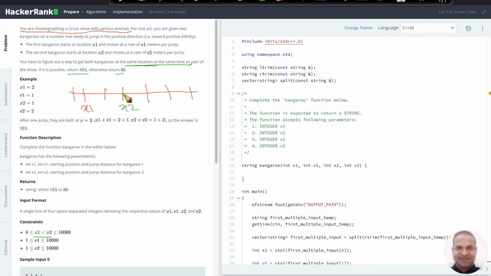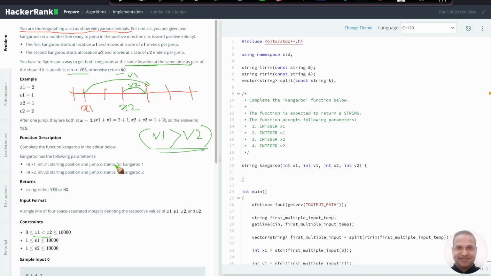So v1 should be greater than v2. That means from x1 this should jump higher, and from x2 this is, let's say, v1, and v2 should be less than v1, right? That's the clue we are finding here. v1 should be greater than v2, otherwise it is not possible.